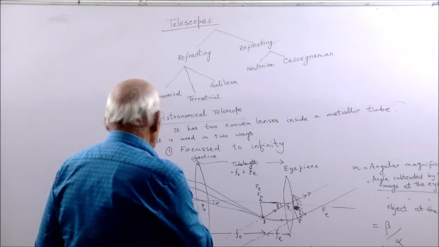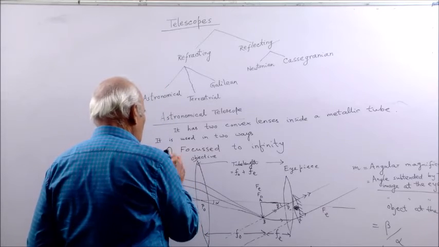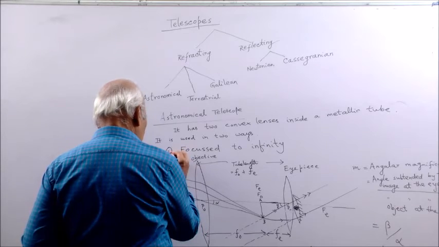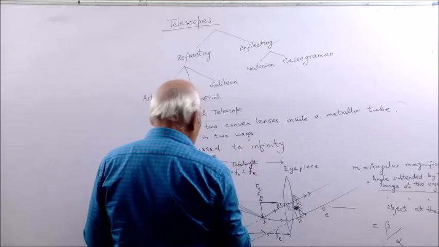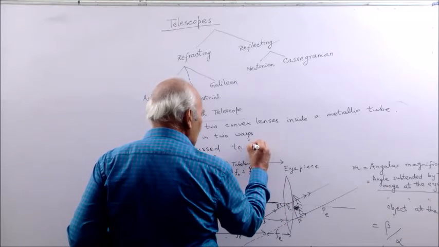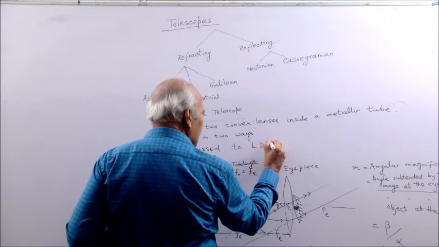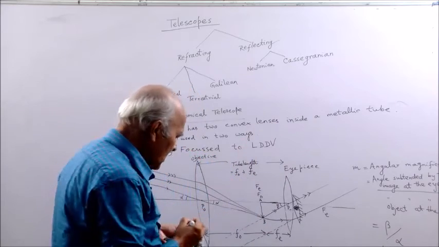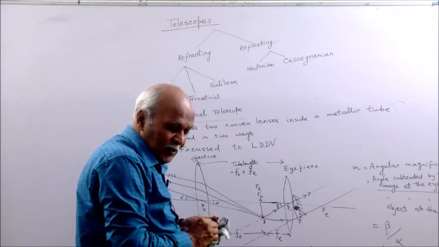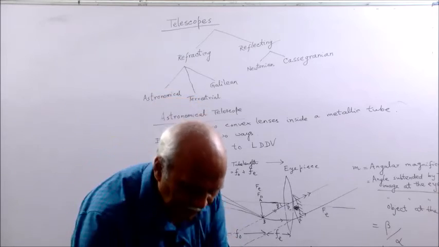Then the second one is called focus to LDDV. The same astronomical telescope can be adjusted so that it is focused to LDDV. And here, what is the change in the diagram?